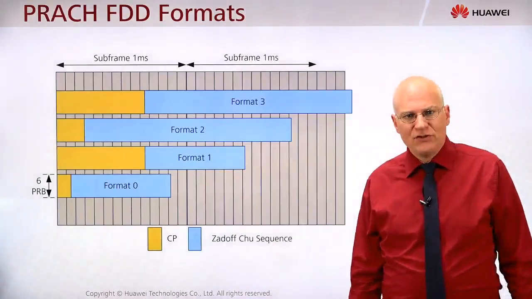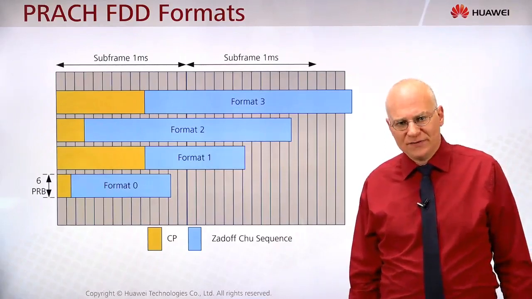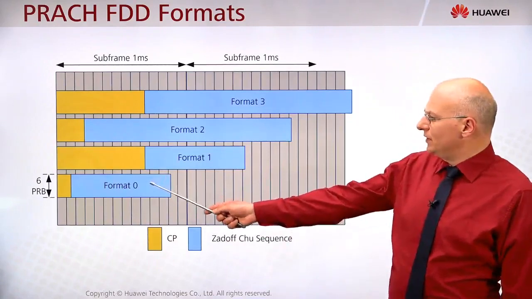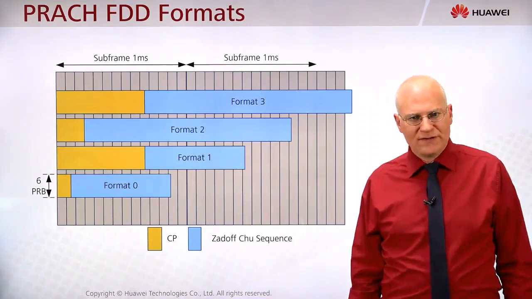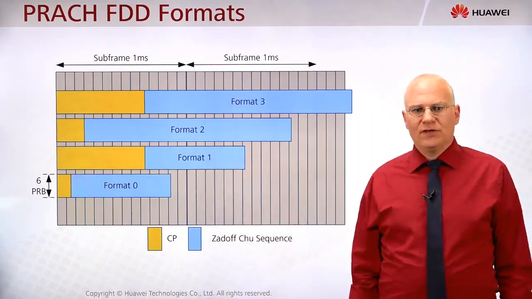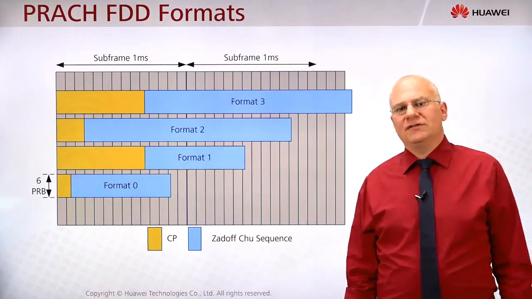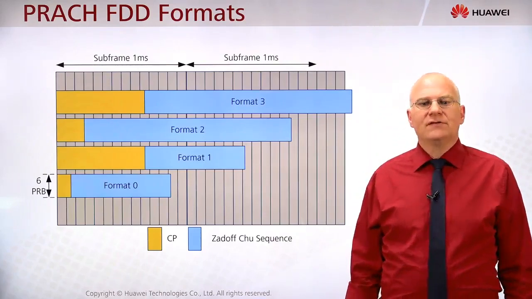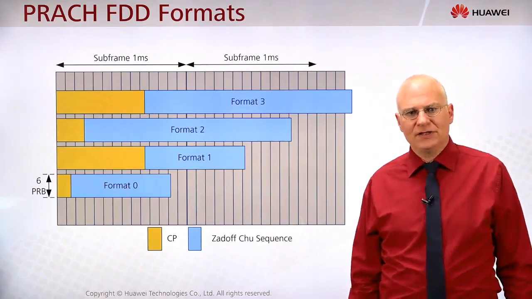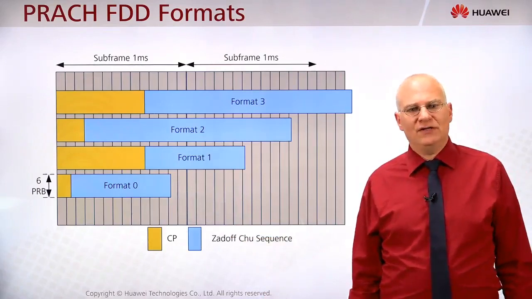The representation of the different random access formats in the time frequency domain is shown here for the FDD versions. Format 0 has the smallest size. It fits into one subframe, so it's less resource consuming, and it is preferred for most LTE cells. We have to restrict the cell radius to 14.5 kilometers because the introduced guard period is very small.